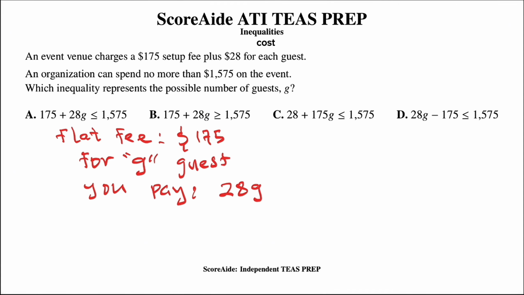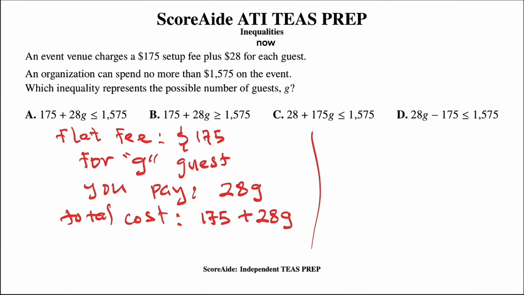Now the total cost that we're going to pay will be the 175 fee, which is compulsory, plus 28 times G, which is the cost of G guests, that we don't yet know. Now, they said can spend no more than.